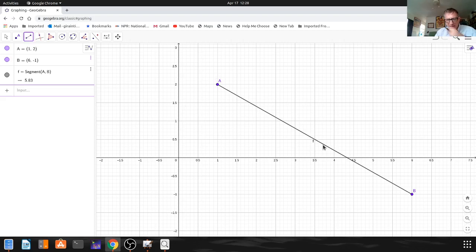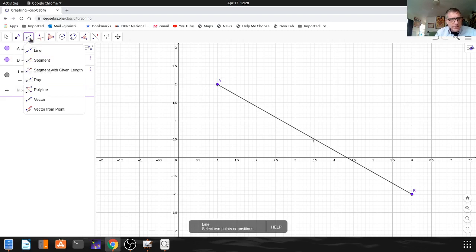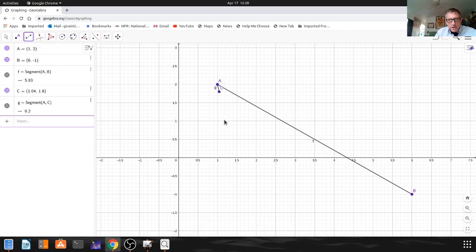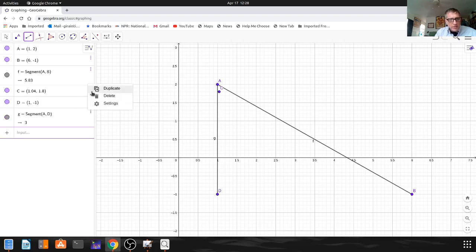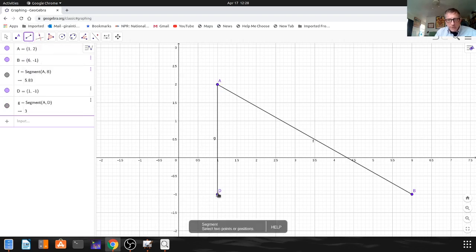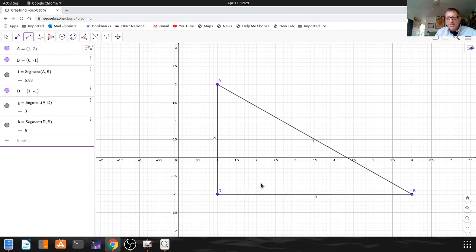So I want to find the length of F. I want to draw a line segment, starting here and going straight down. Then I'm going to draw another line segment, starting right there at D, going over here.